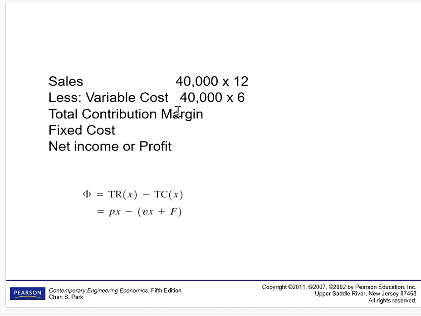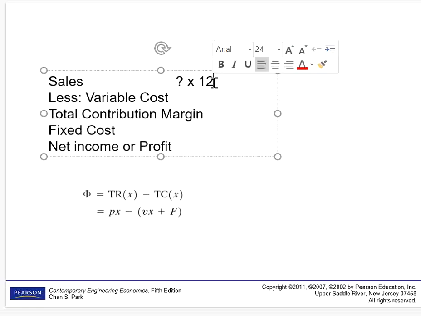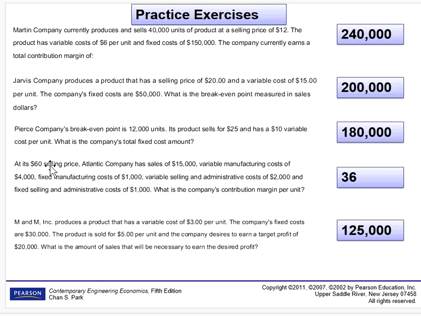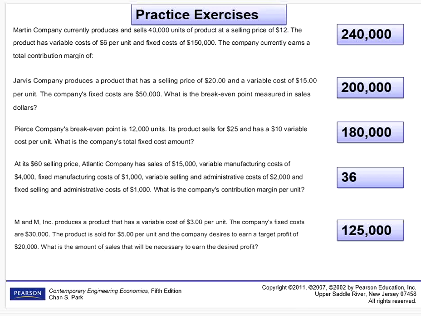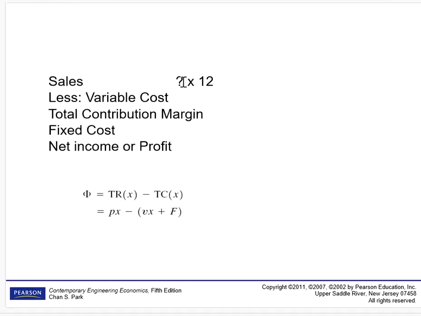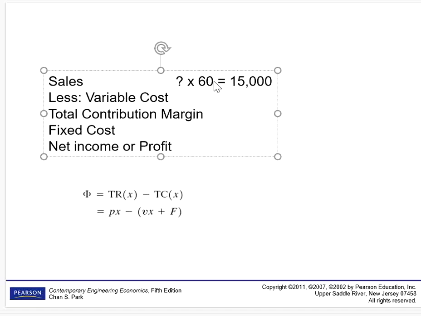But what we know is, if you look at the sales, number of units times 60, which is P, equals 15,000.